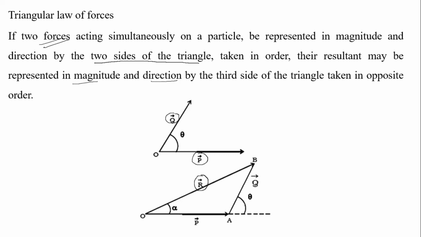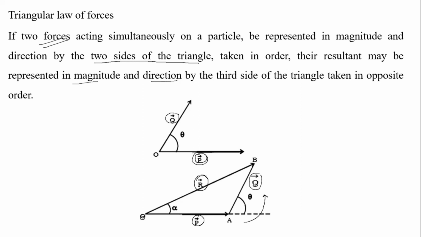See, the force P towards the right side and of course Q upward, and we have to take them in order. The vector OA represents force P, and the vector AB represents Q, and this is in the anticlockwise direction.